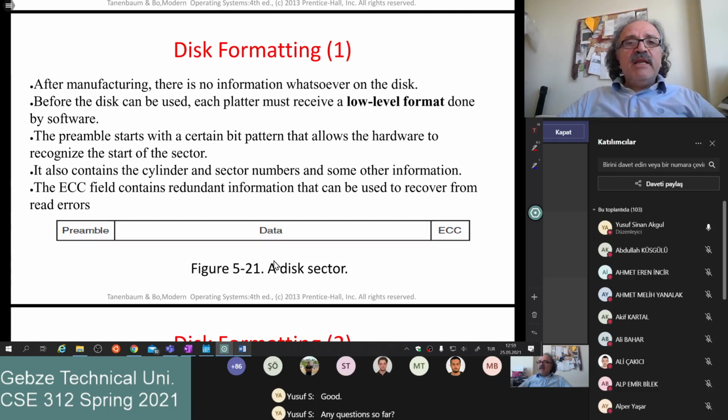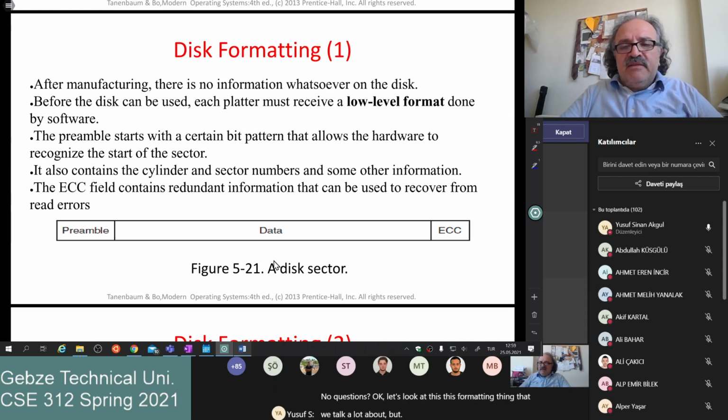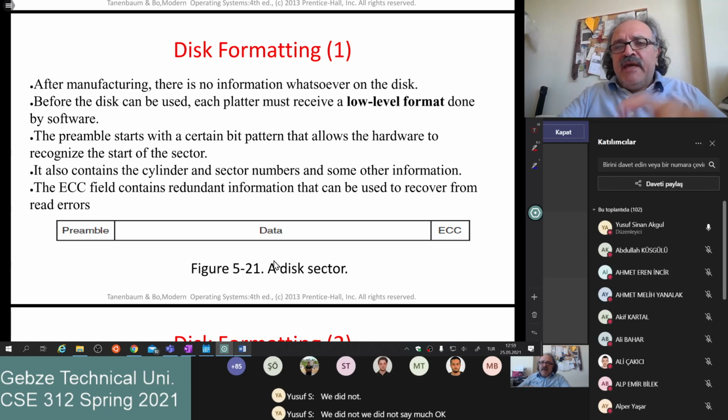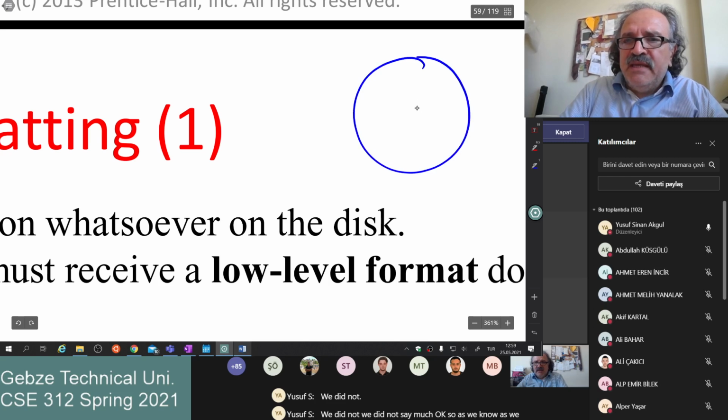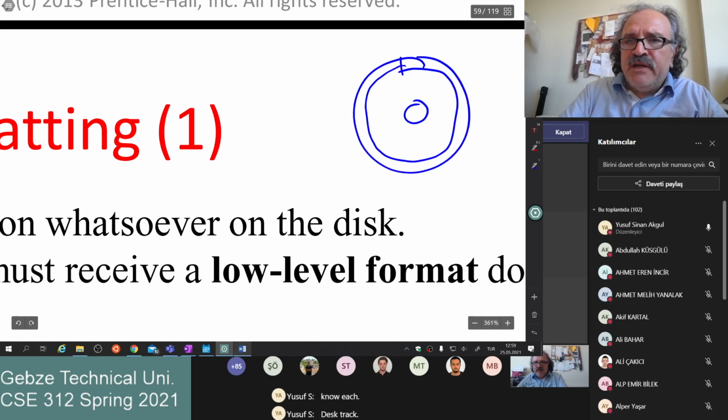No questions. Okay, let's look at this formatting thing that we talk a lot about, but did not say much about. As we know, each disk track is organized into sectors.